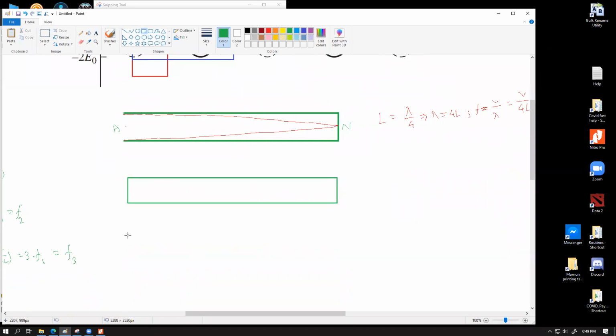Let me draw another one, because I'm going to need at least 3 to make a pattern, and get rid of the open ends. Okay, the thickness is a bit wide, but disregard that. They are supposed to be identical, but the logic stays the same. Left side should be antinode, right side should be node, left side should be antinode, should give dots for my convenience, and the right side should be node. This is how it's supposed to work.